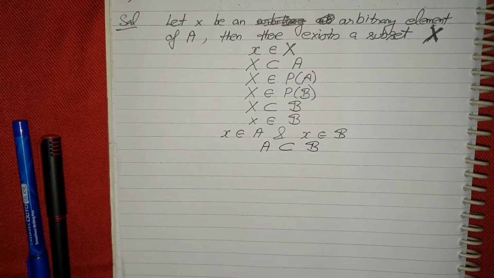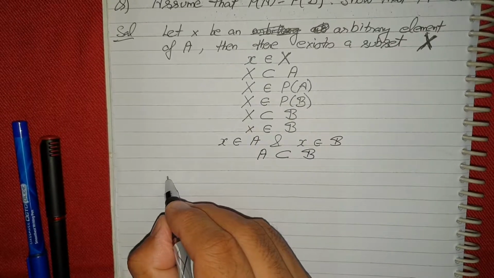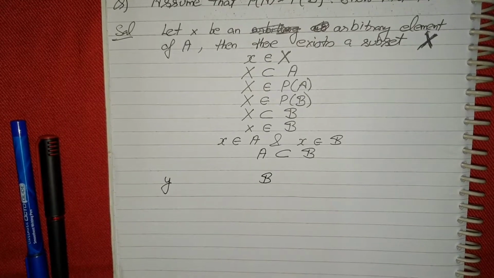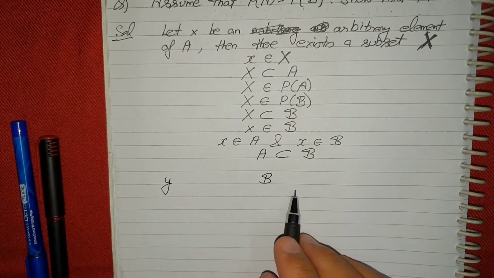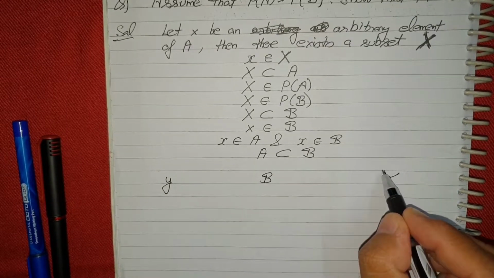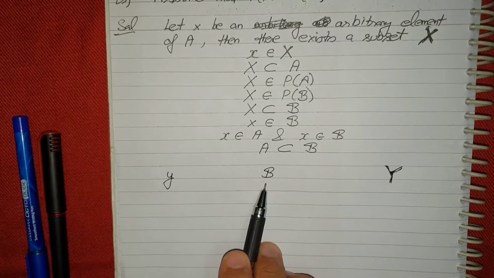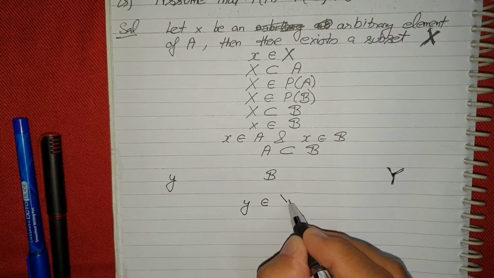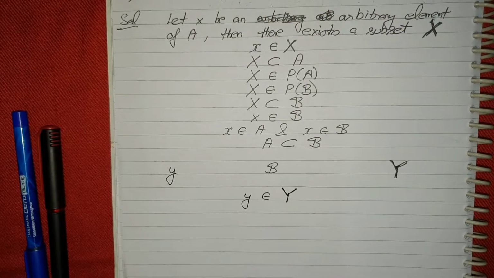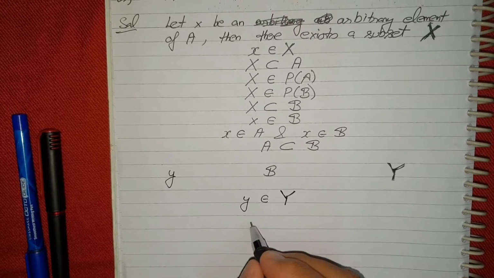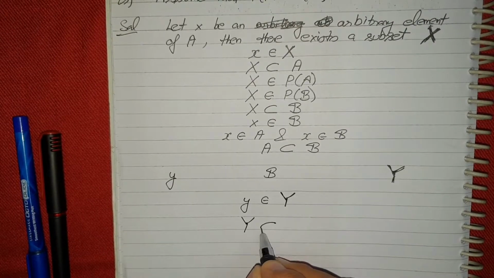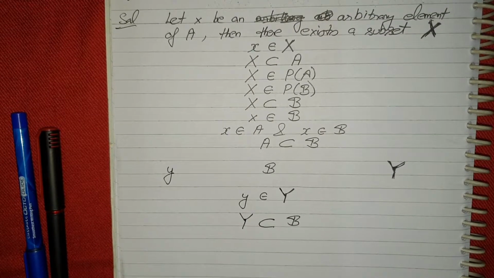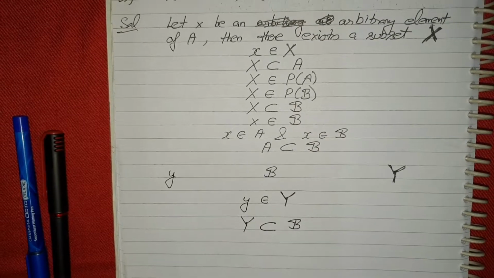Now again, as above, let y be an arbitrary element of B. Now there exists a subset capital Y, subset of this set, such that small y belongs to capital Y. Okay, so that means capital Y is the subset of B. Just a second.